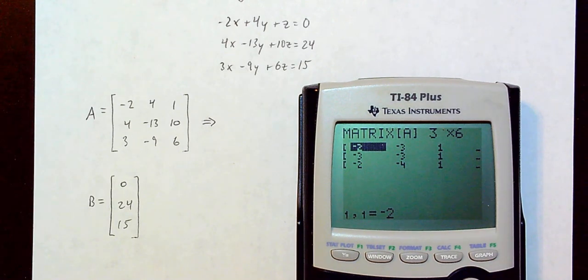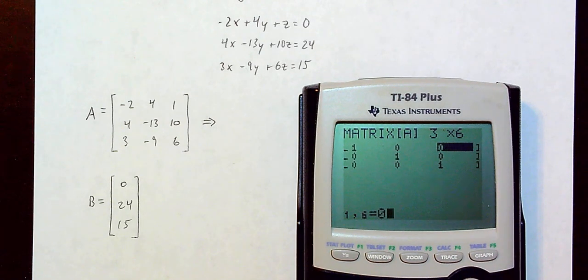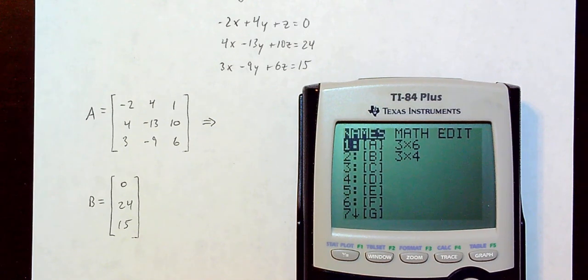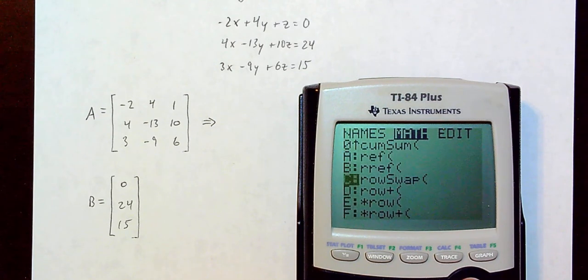It's going to be negative 2, 4, 1, 1, 0, 0. Now 4, negative 13, 10, 0, 1, 0, and 3, negative 9, 6, 0, 0, 1. I'm going to put this matrix in row-reduced echelon form.